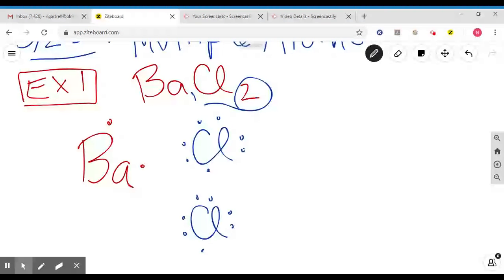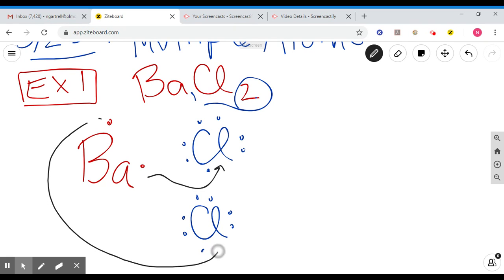Step 2 is to show the transfer. So barium is going to transfer 1 here, and barium is going to transfer 1 here. Okay? So the cation, or the first one written, donates, and the second accepts. Step 3, I show my yield arrow.